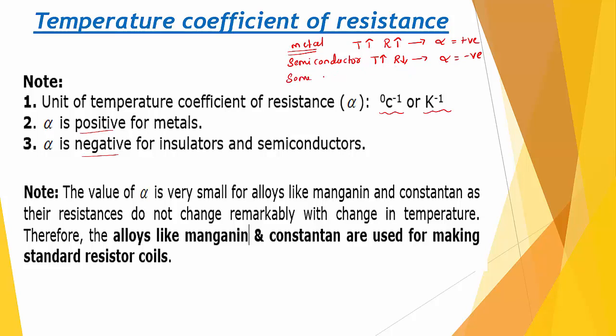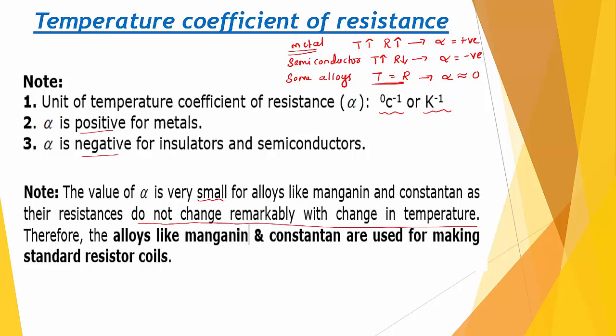Then for some alloys like nichrome, constantan or manganese, there is no change in their resistance values with temperature. It is always constant, so we can consider alpha equivalent to 0. You can observe the second note point. The value of alpha is very small for alloys like manganese and constantan, as their resistance does not change remarkably with temperature.